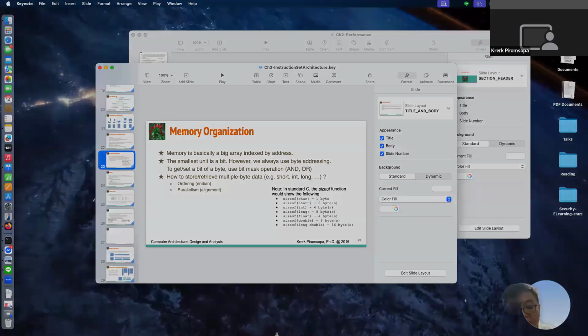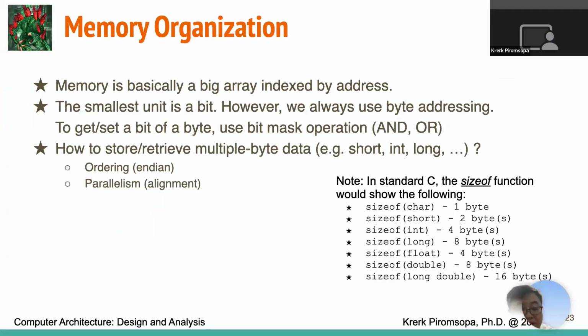Oh, sorry, this page. Integers is 4 bytes, 32 bits. Okay. Double is 8 bytes, like that.